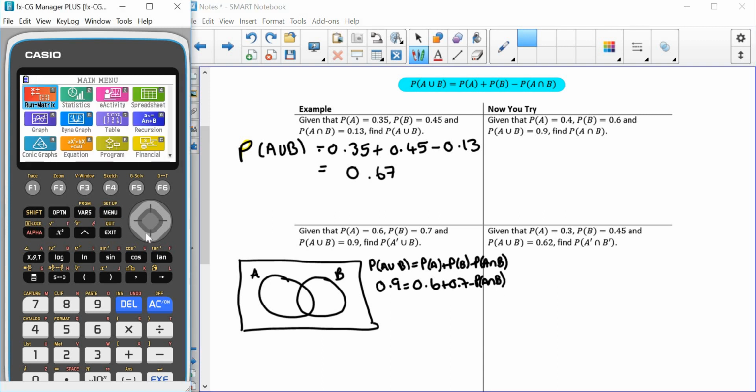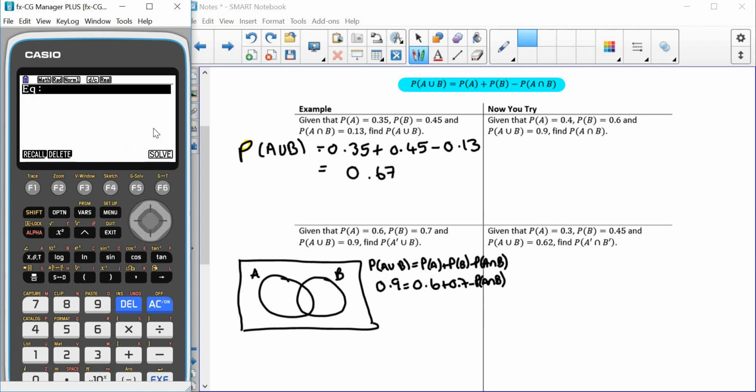So we can put this into our calculator. You could rearrange it, but if you wanted to, you could go into equation, solver, and type it straight in. So 0.9, shift and the decimal point for our equal sign, 0.6 plus 0.7 minus, and then for our A and B bit, that's our unknown, we use the X theta T button.